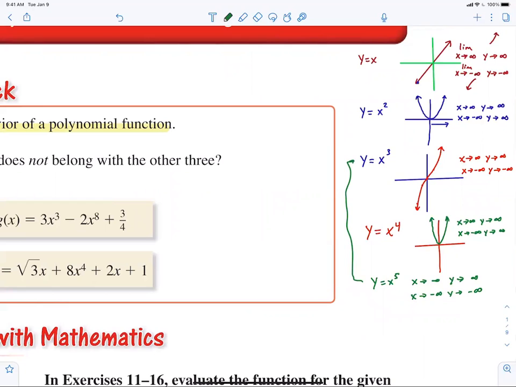Now if you wanted to, you could just type in on your calculator y equals x, y equals x squared, y equals x cubed, y equals x to the 4th, y equals x to the 5th on graphs, and just look at it and see exactly what I'm talking about.